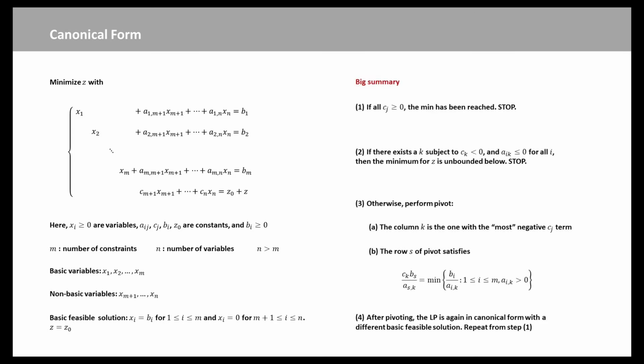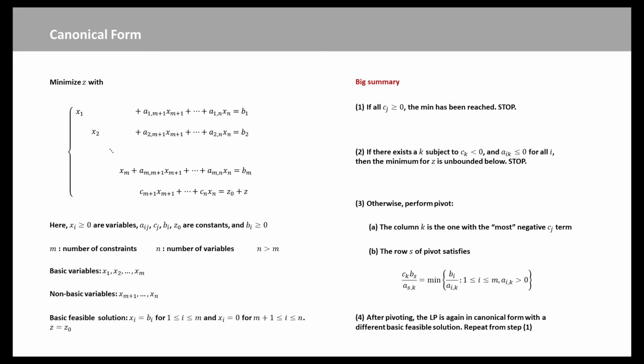Next, we will go through a big summary for the simplex method, starting from the canonical form. Step 1. You check the coefficients cj. If all of them are bigger than or equal to 0, then you know the minimum has been reached, and you stop. Step 2.